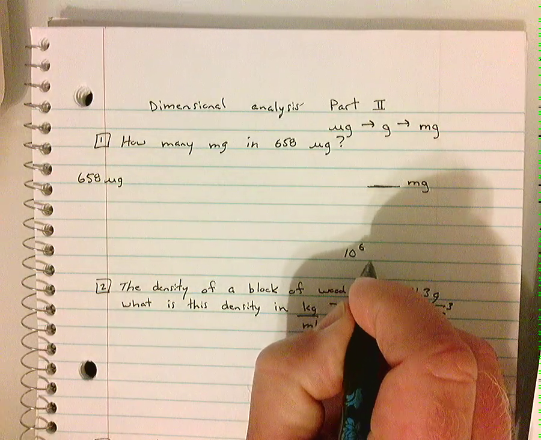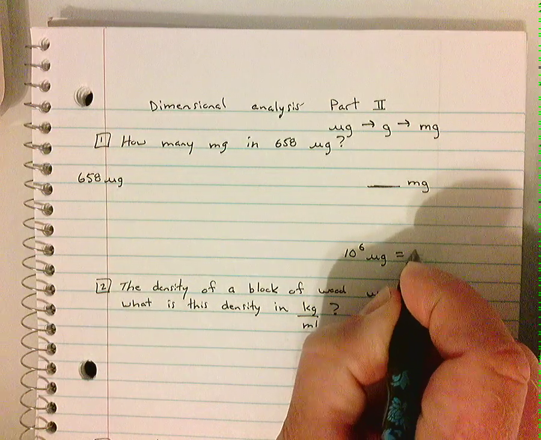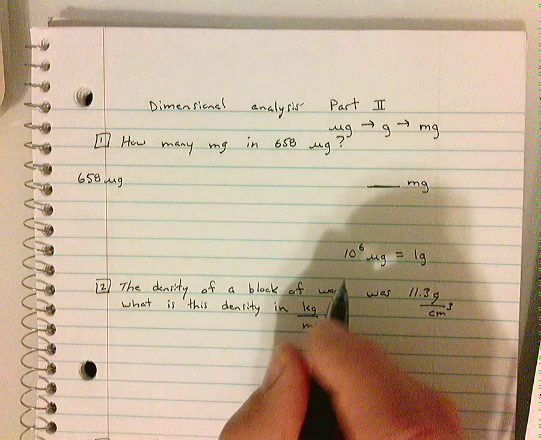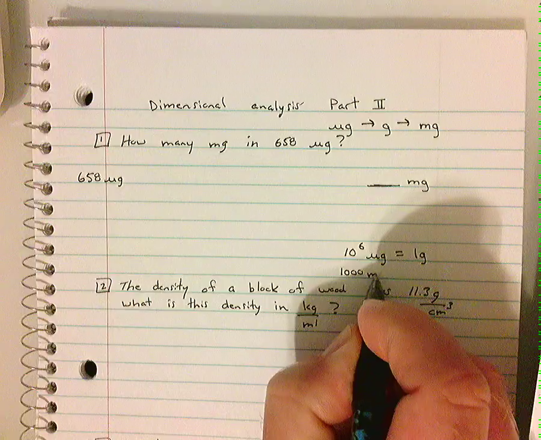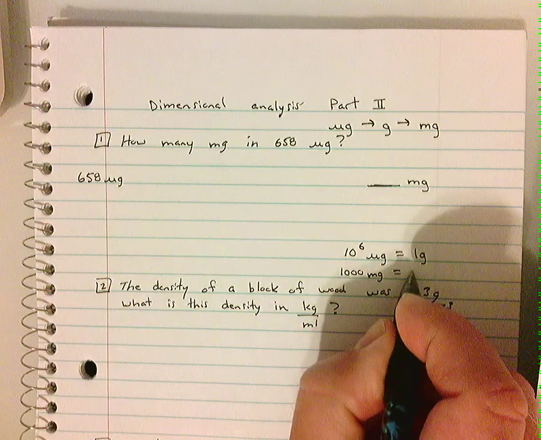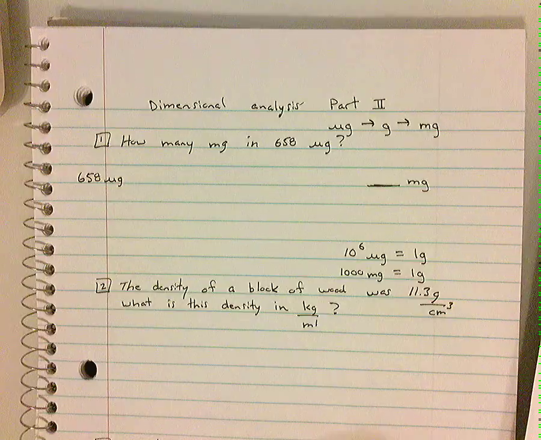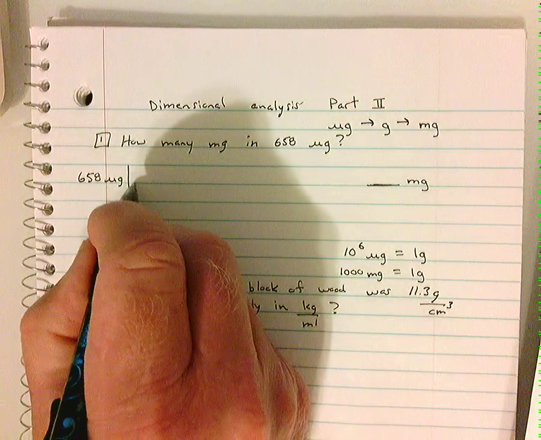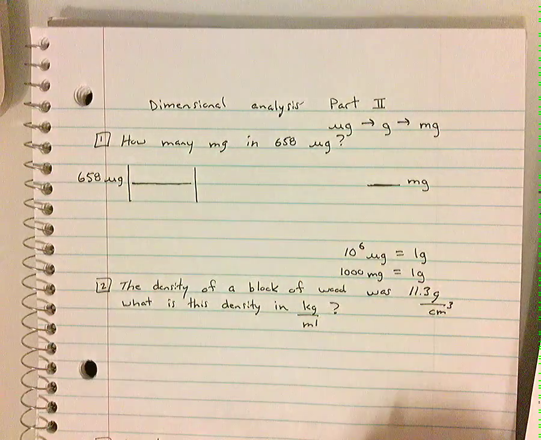There are 10 to the 6th micrograms in 1 gram, and there are 1,000 milligrams in 1 gram. And we recall that every conversion factor that we build is built from an equal sign.